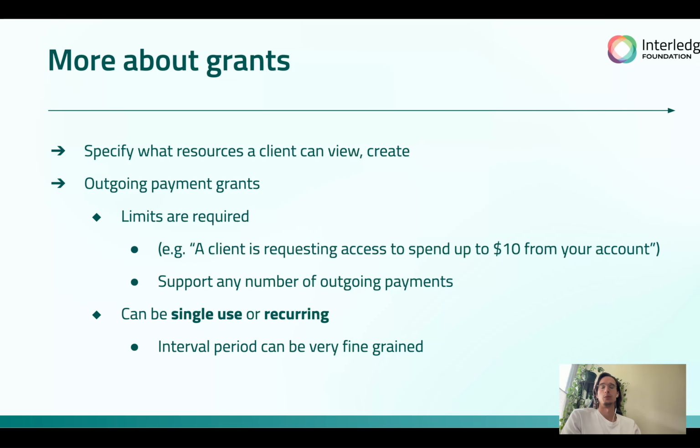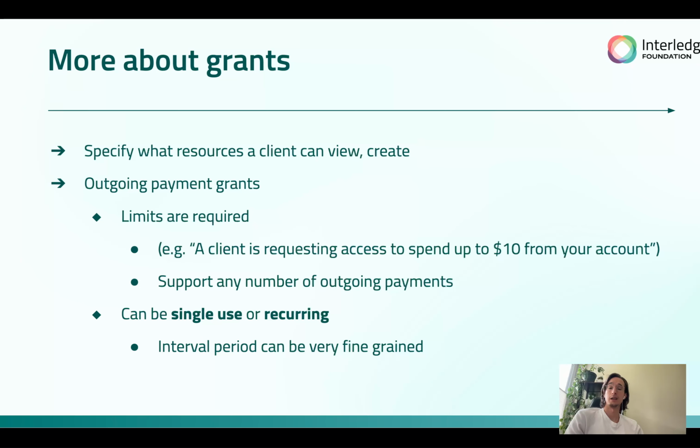So for example, if I'm making a payment online, a client would ask, can I spend up to $10 from your account? And this can support any number of outgoing payments, whether that's one payment for $10 or it's 10 outgoing payments for $1. So these are the limits that are specified within the outgoing payment grant.